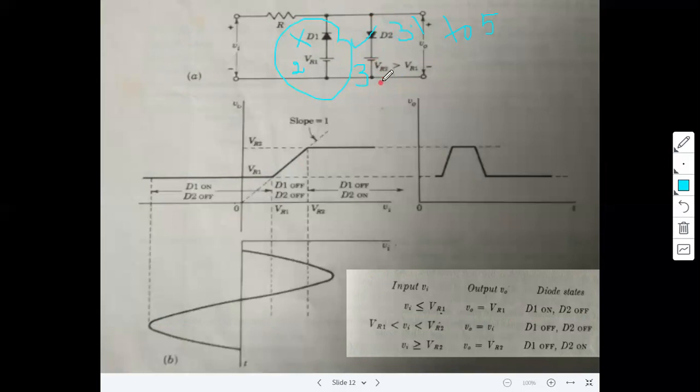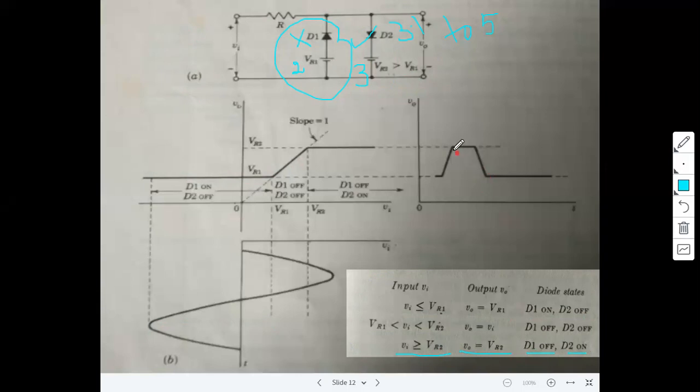Now what is V0 here? V0 is equal to VR2 only. With ideal diodes, when Vi is greater than or equal to VR2, diode D1 off, diode D2 on. V0 is equal to VR2 only.